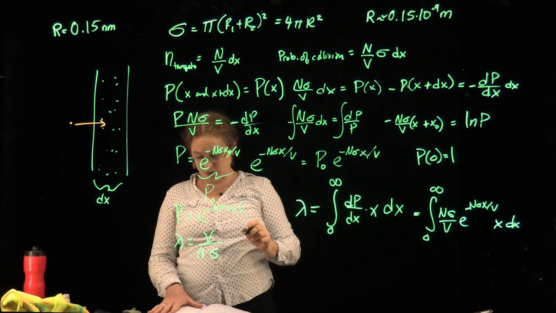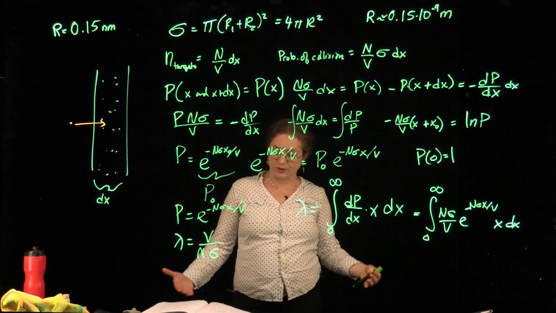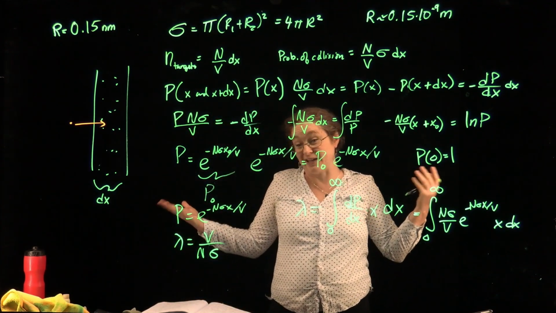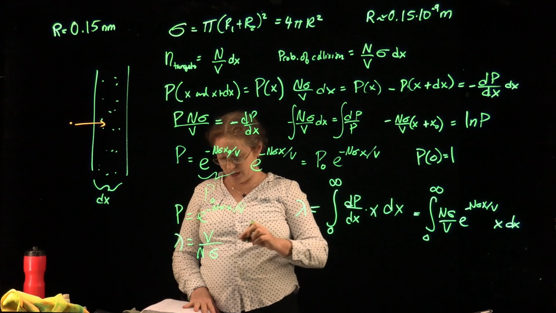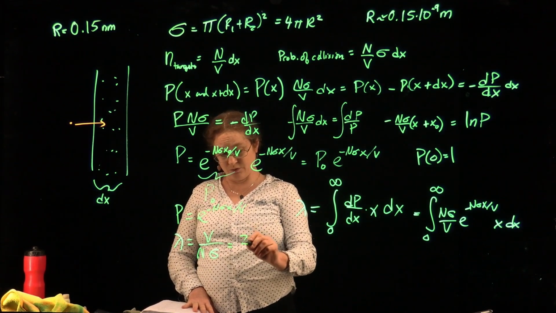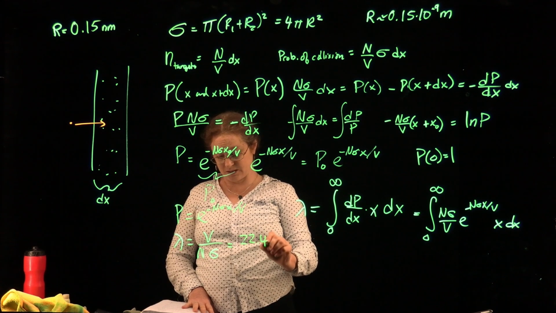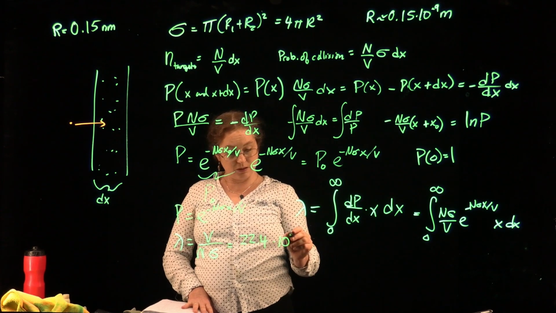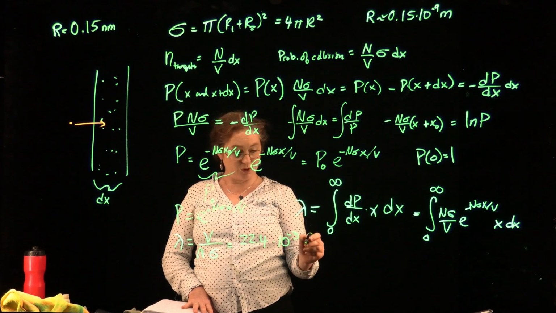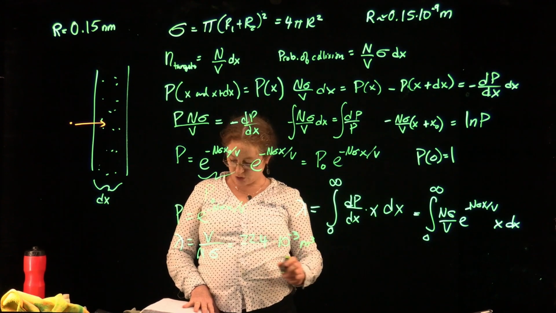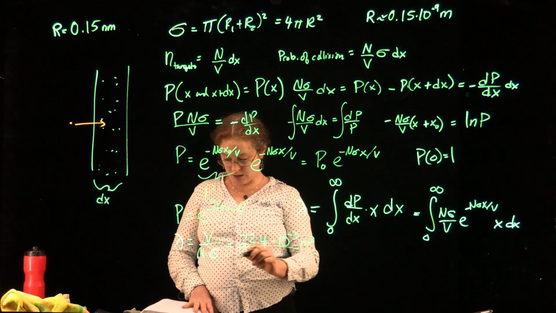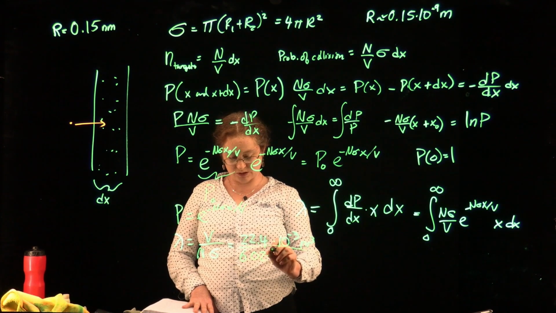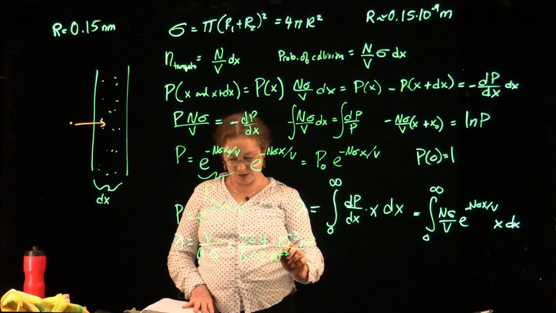So then we can use a mole of air, and the volume of a mole of gas at standard temperature and pressure is 22.4 liters, or 22.4 times 10 to the negative 3 meters cubed. The number of molecules in a mole is 6.022 times 10 to the 23rd.